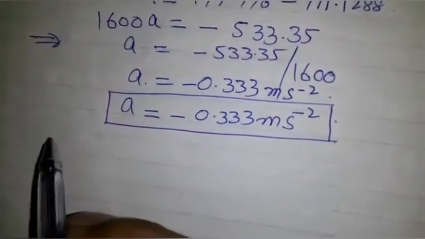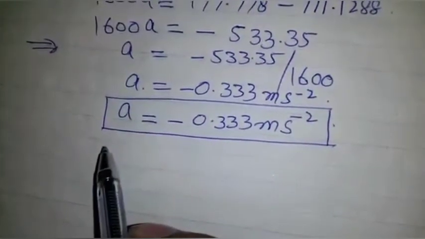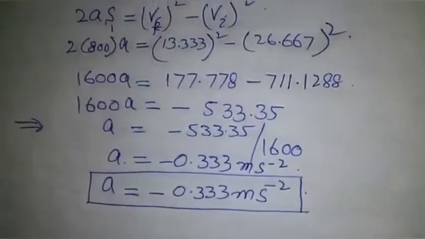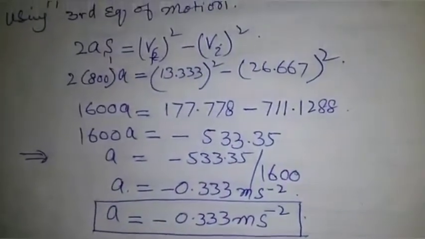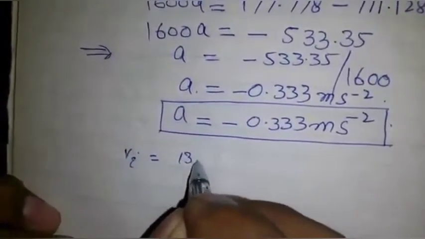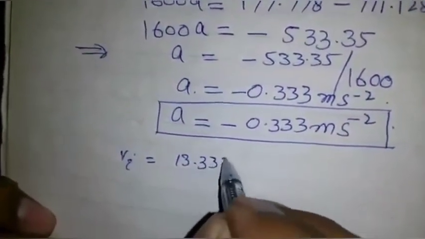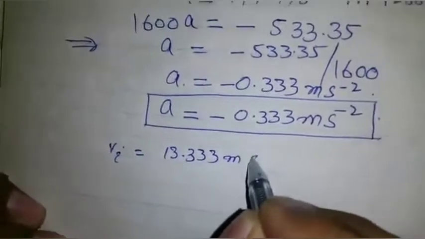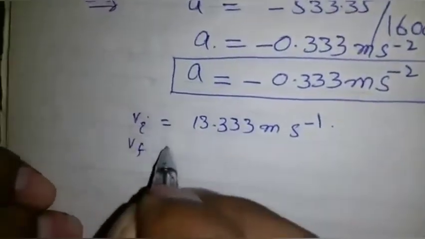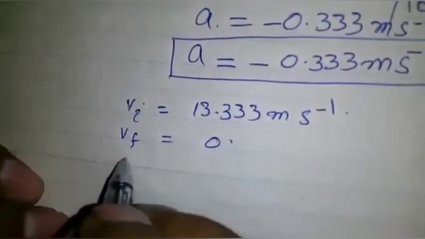Now when brakes are applied, its initial velocity becomes 48 km per hour, which is equal to 13.333 meter per second. Vi is equal to 13.333 meter per second, and Vf is equal to 0.